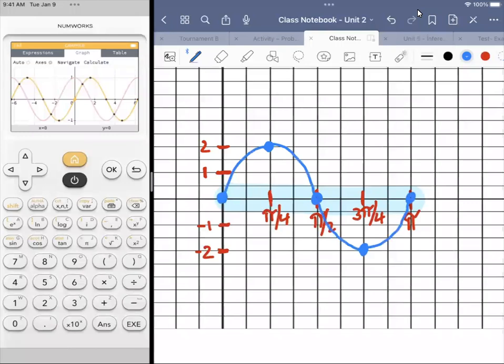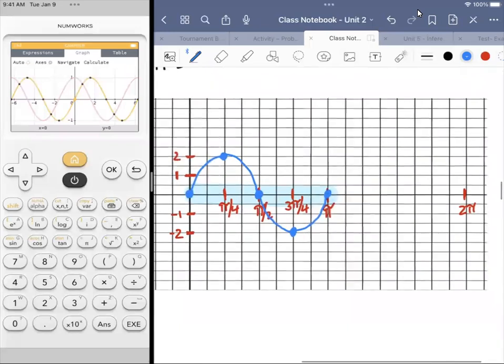But what we have to do is what's called propagation. We have to propagate this sine wave so that it fills up the entire domain. All that means is complete the cycle, follow the trend, well, not necessarily complete the cycle, but complete the domain. Use the pattern to complete the domain. So I need to get out to 2 pi over here.